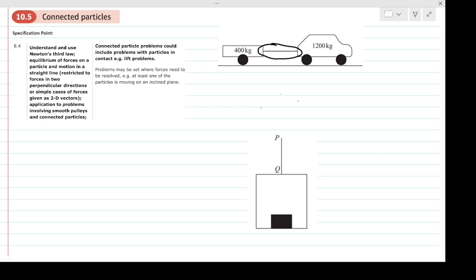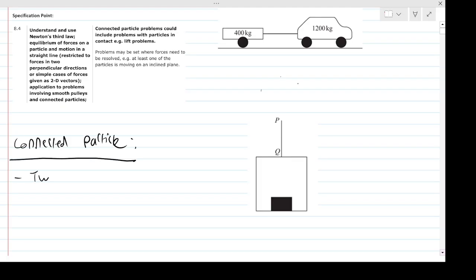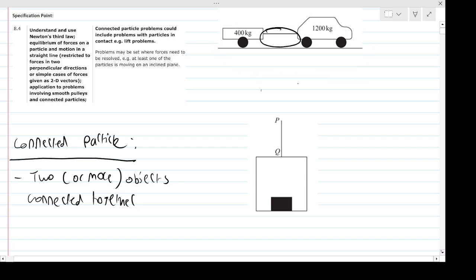What we mean by connected particles is two things. Firstly, we have two or more objects connected together. In this example with the car and the weight, they're connected together by this towing rope in the middle.